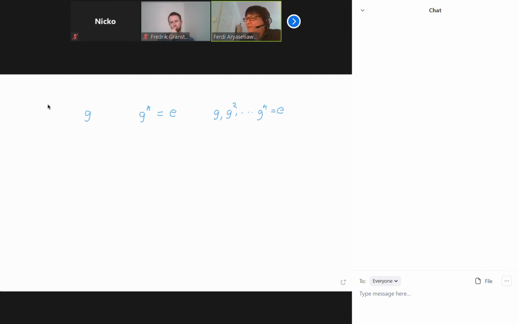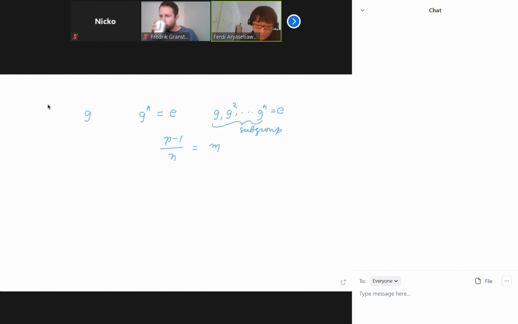So then I have a subgroup of order n. So we know that p minus 1, which is the number of elements in the group, divided by n, which is the number of elements in the subgroup, must be an integer. Let's say m, like this.